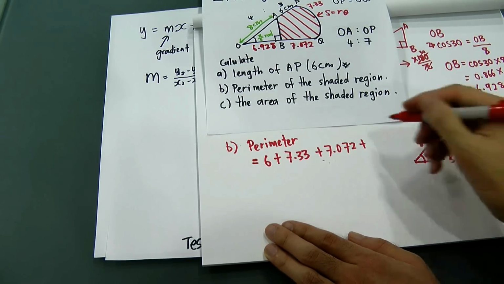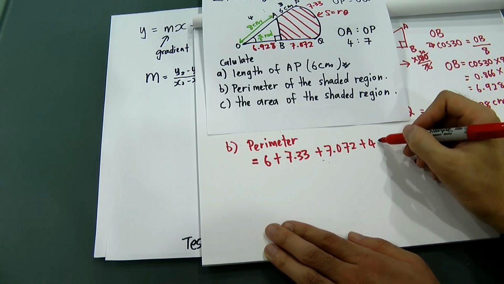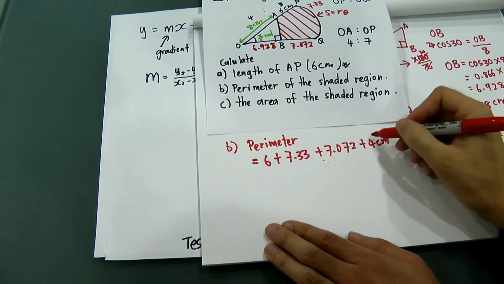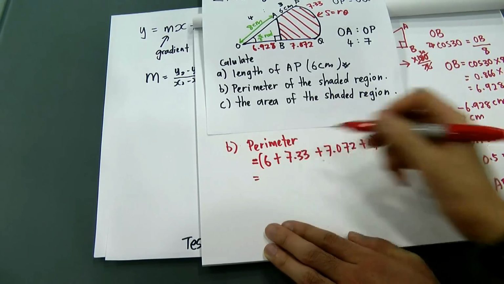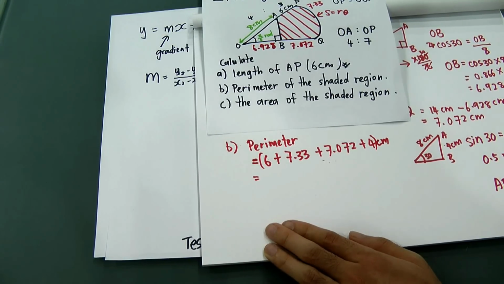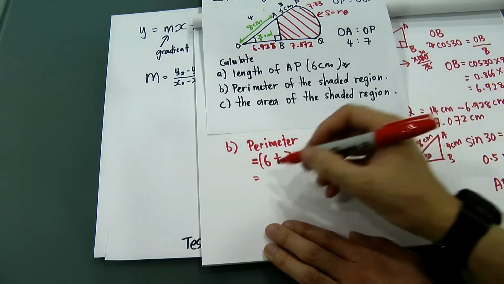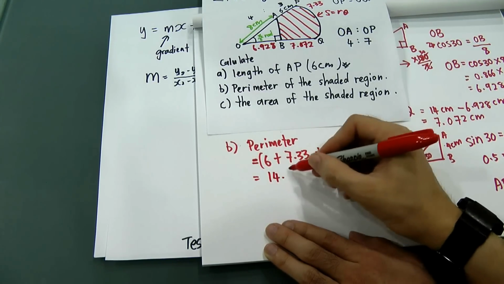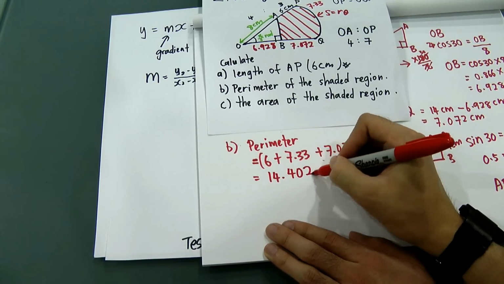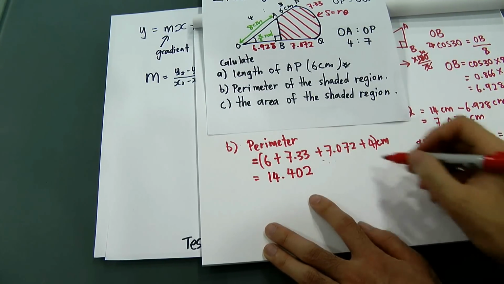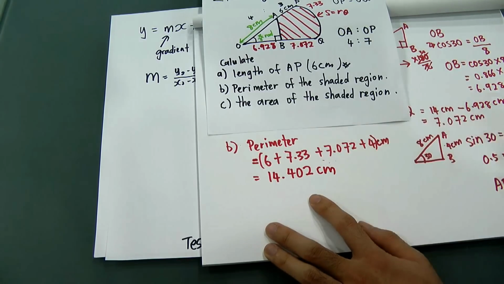What is AB? 4 centimeters. So we use the calculator, it will give us 7.33 plus 10 plus 7.072. We will get 14.402 centimeters. This is the perimeter of the shaded region.